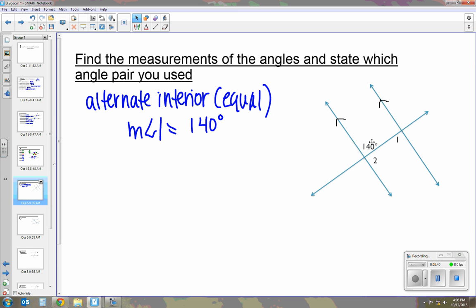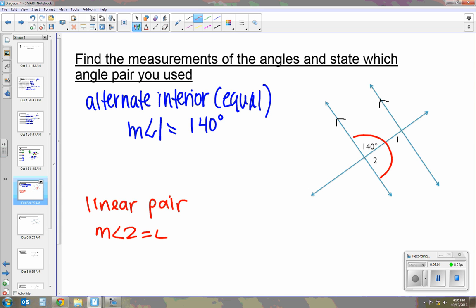Then I'm going to use 140 and 2. That's a linear pair. And if it's a linear pair, I subtract that from 180, so the measure of angle 2 is equal to 40 degrees. Okay. So list which angle pair you used and find the measurement.